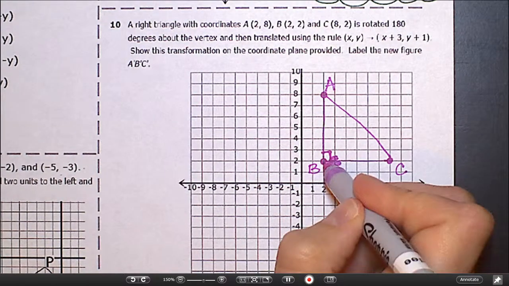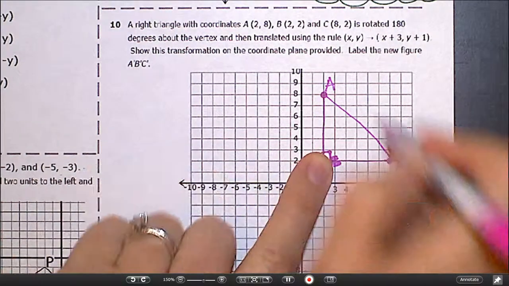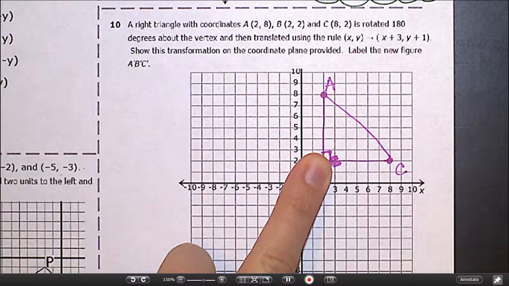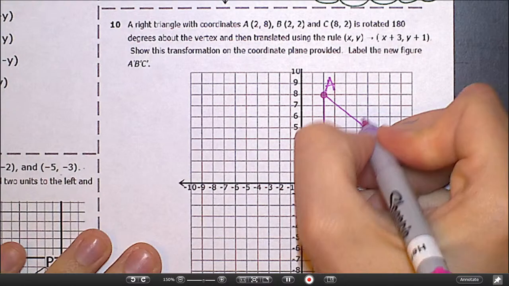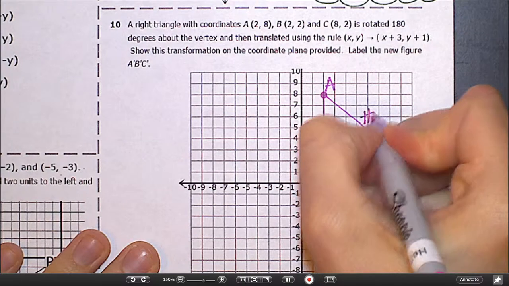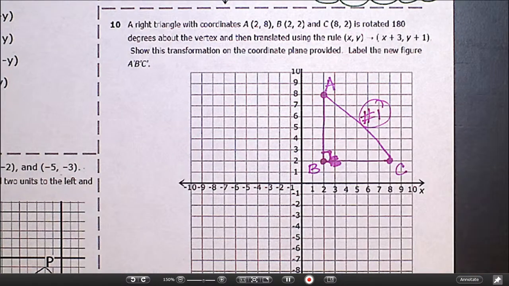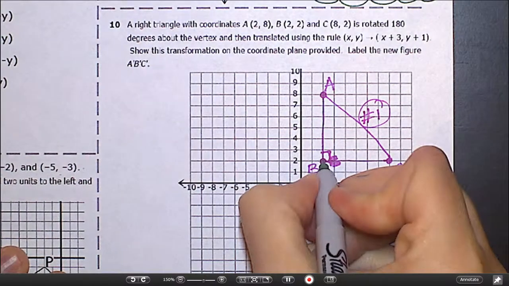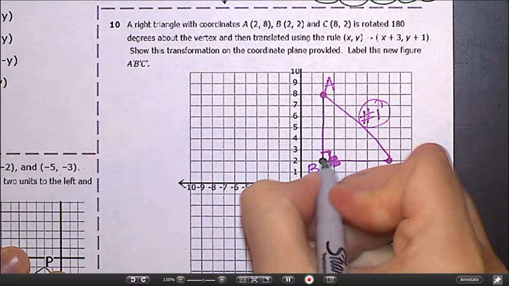It's rotated 180 degrees. So if I hold it down here and I spin the rest of it, then I'm going to turn it a half circle. So this is my figure number 1. I'm going to use a different color here to show that rotation. So that means that B is going to stay in the same place.